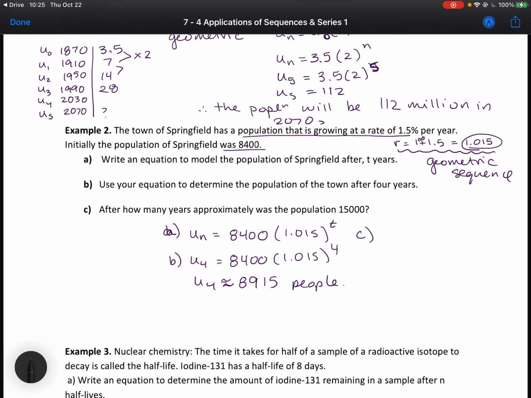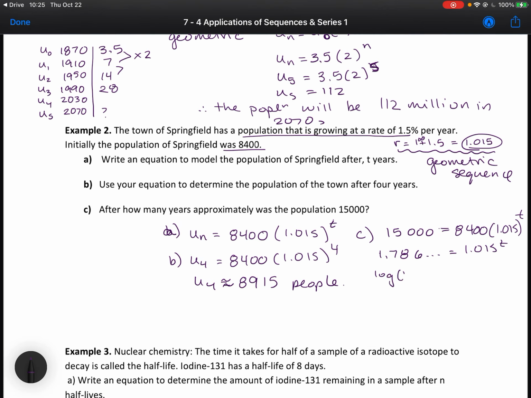Okay. The last part is asking you to solve for when the population is equal to 15,000. This is sort of going back to our exponent unit, where I'm being asked to solve for t. The first thing I'm going to do is divide both sides by 8,400, which is going to give me 1.786 equals 1.015 to the t.